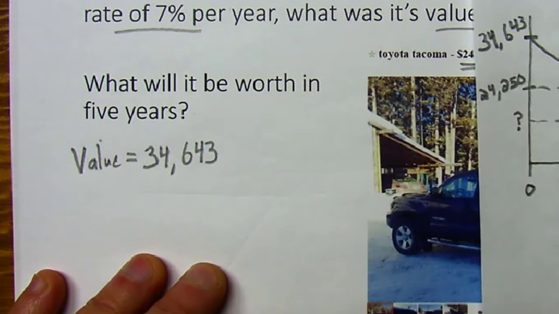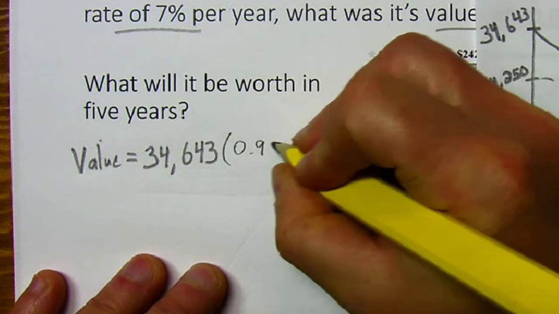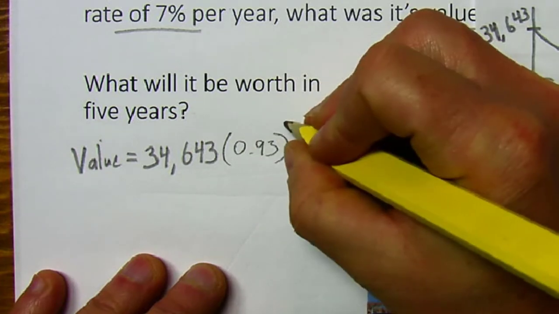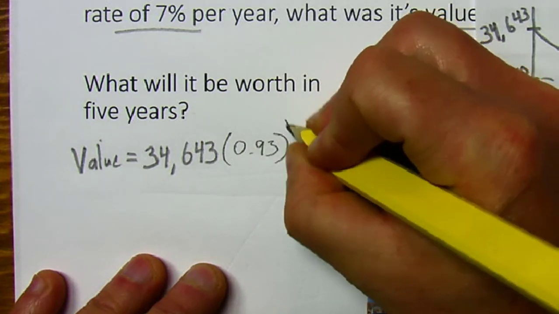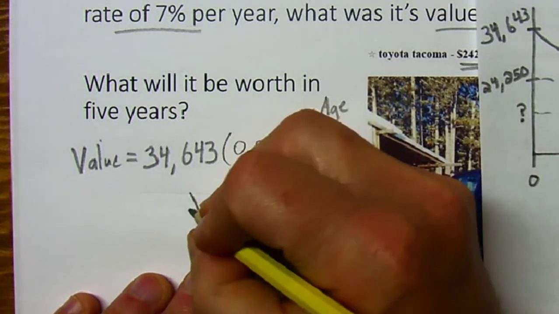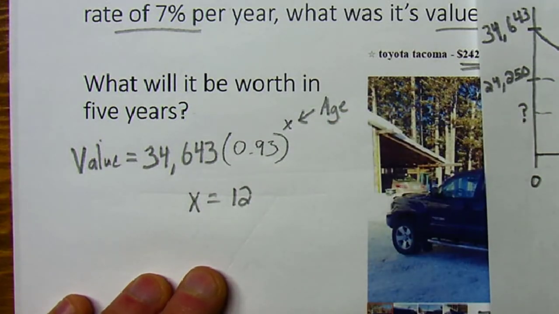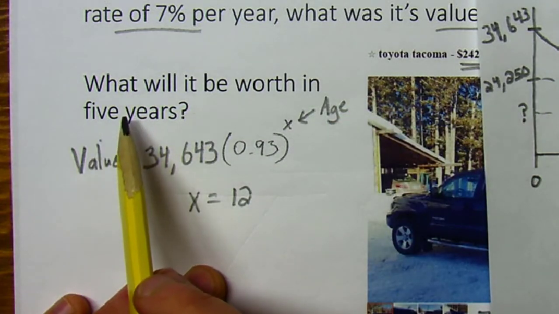34,643, which is our A value, times our B value of 0.93 to our X value, which is the age. And so we're going to let X be equal to 12 years old, which is how old it will be in 5 more years.